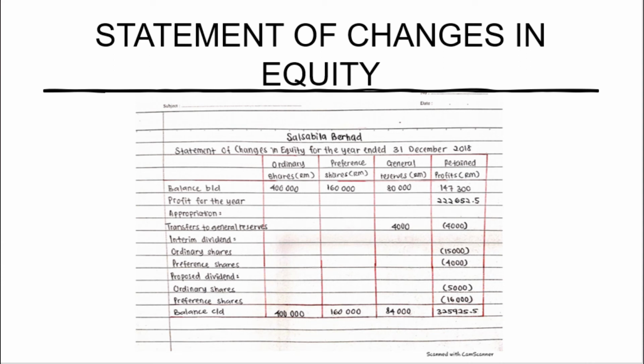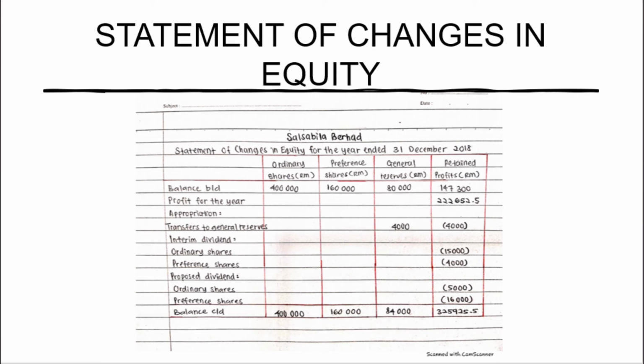Balance BD for ordinary share, preference share, general reserve and retained profit is taken from the trial balance, which is 400,000 ringgit, 160,000 ringgit, 80,000 ringgit and 147,300 ringgit.